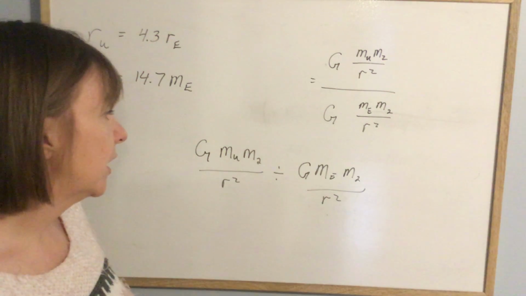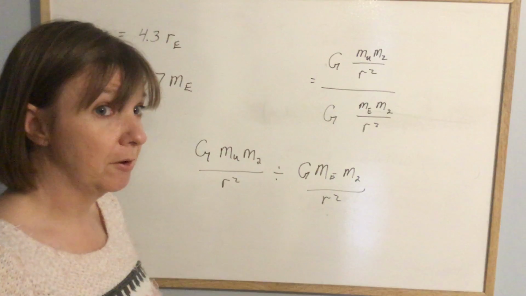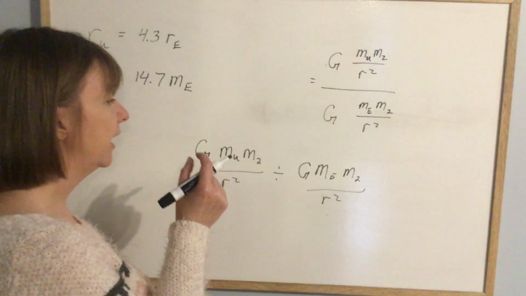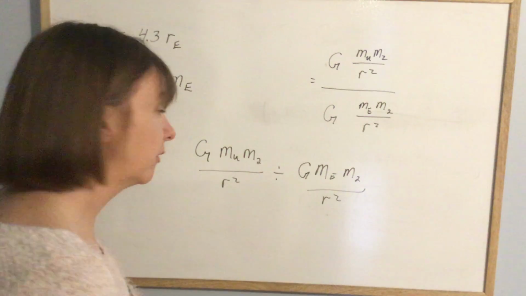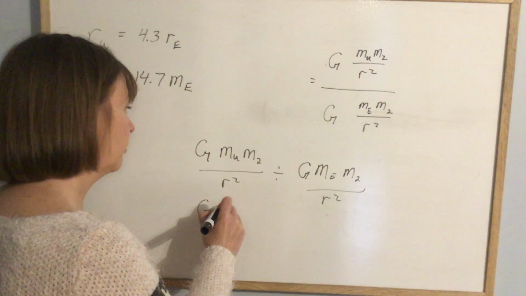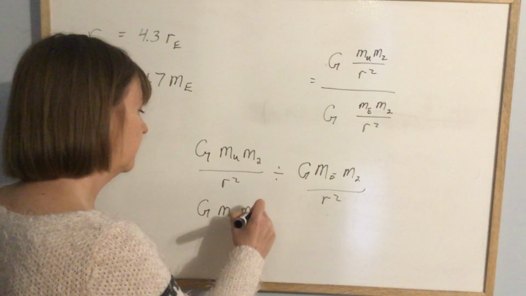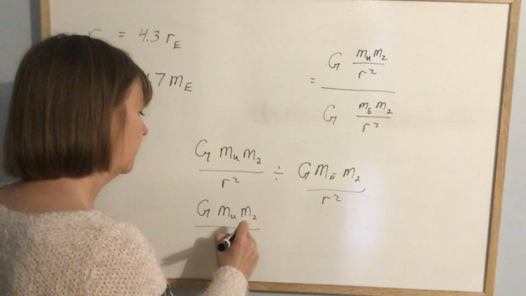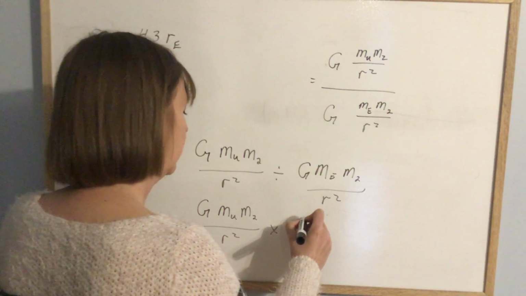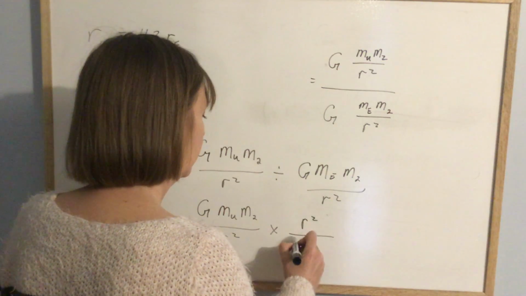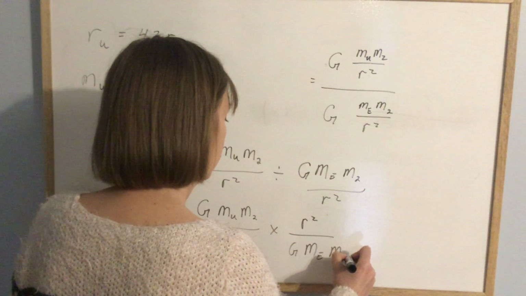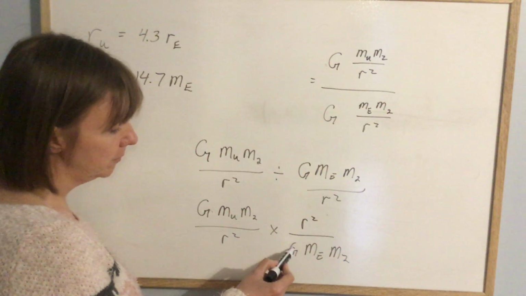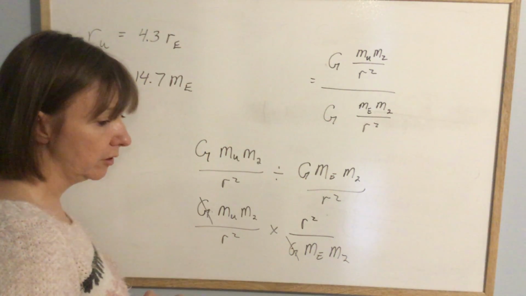I'm just writing it horizontally instead of vertically. The reason I'm doing that is because I can see it better now, and when dividing fractions, I keep this one the same, I switch my sign, and I flip this over. So I have a G on top here and a G on the bottom there.